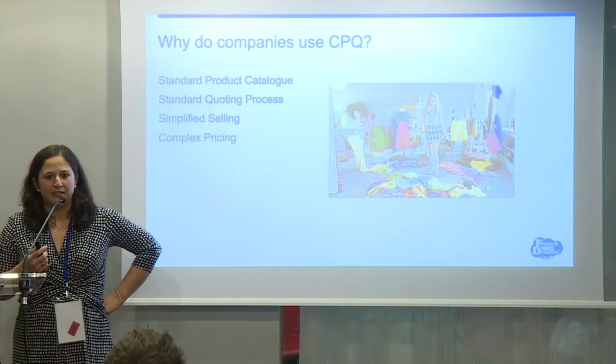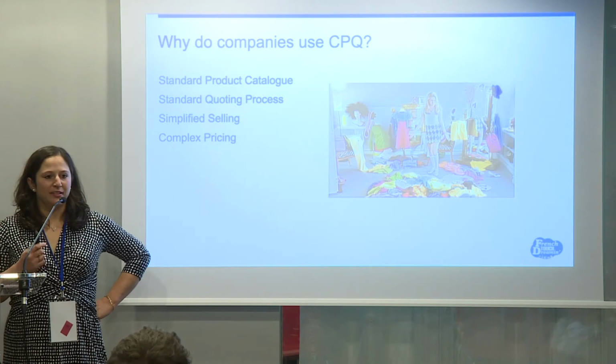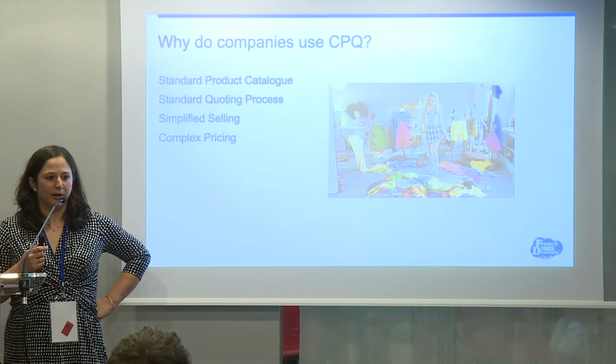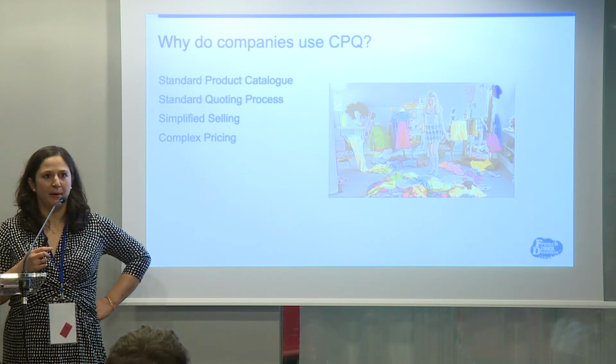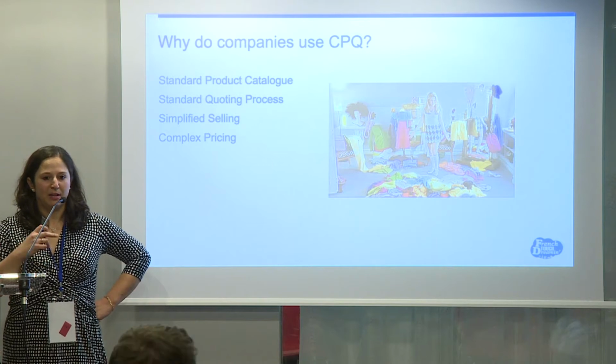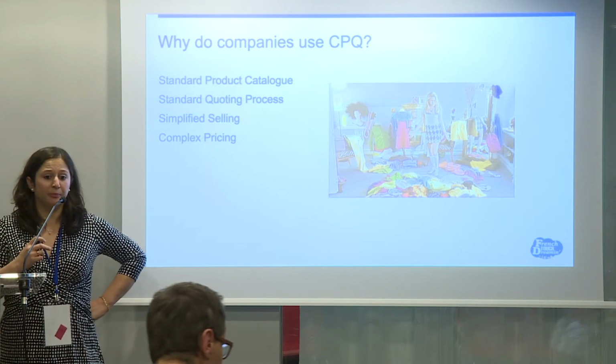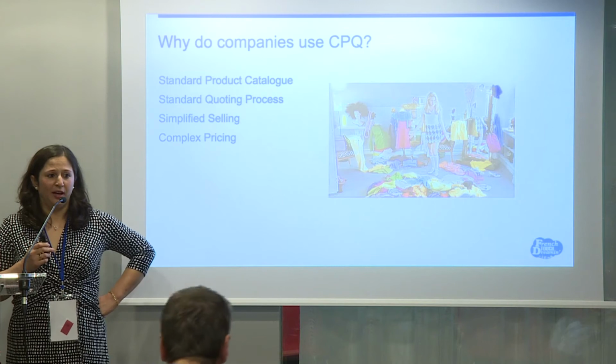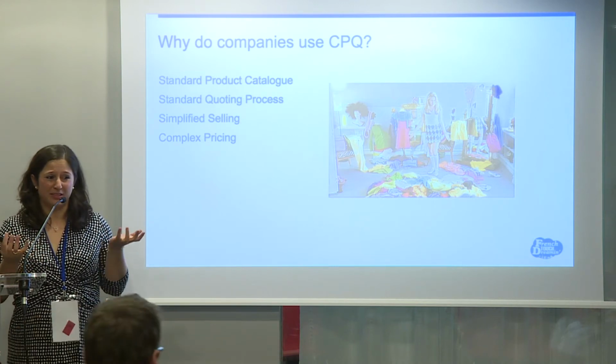And another reason that a company might use CPQ is if they use really complex pricing. So you can think about subscriptions that maybe ramp up or ramp down, or if you have really complex things that you're selling.